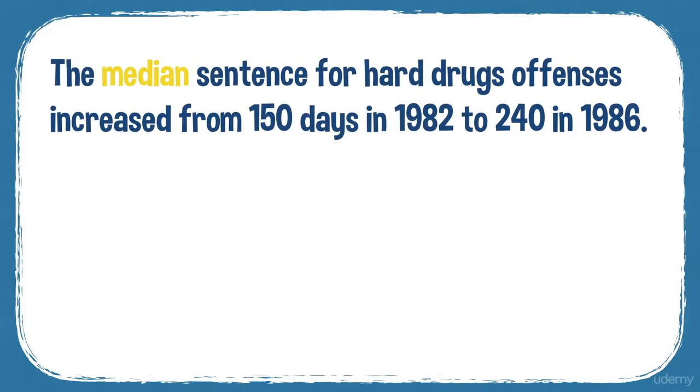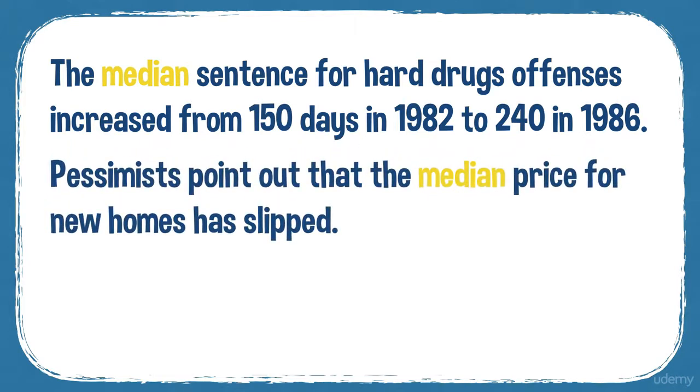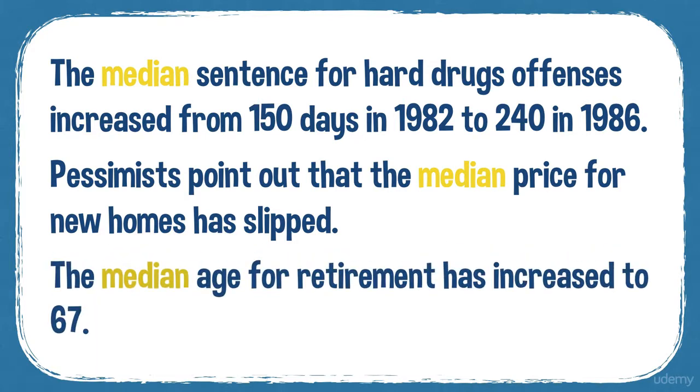For example, the median sentence for hard drugs offences increased from 150 days in 1982 to 240 in 1986. Note that the median price for new homes has slipped. I think that's a good thing, really.